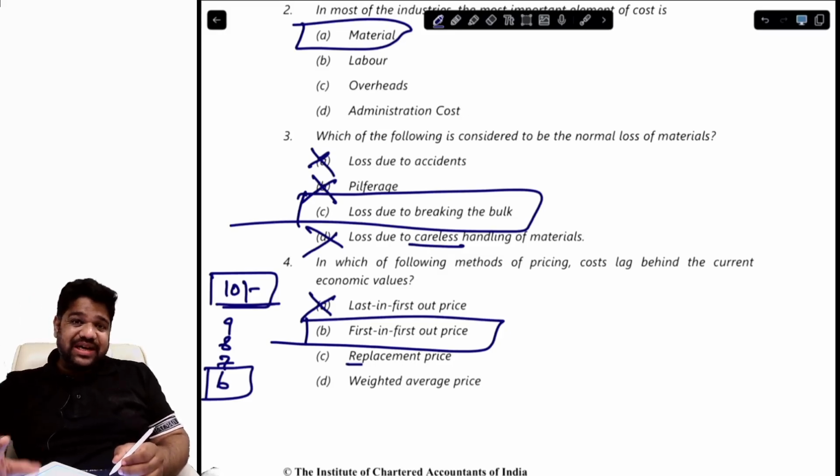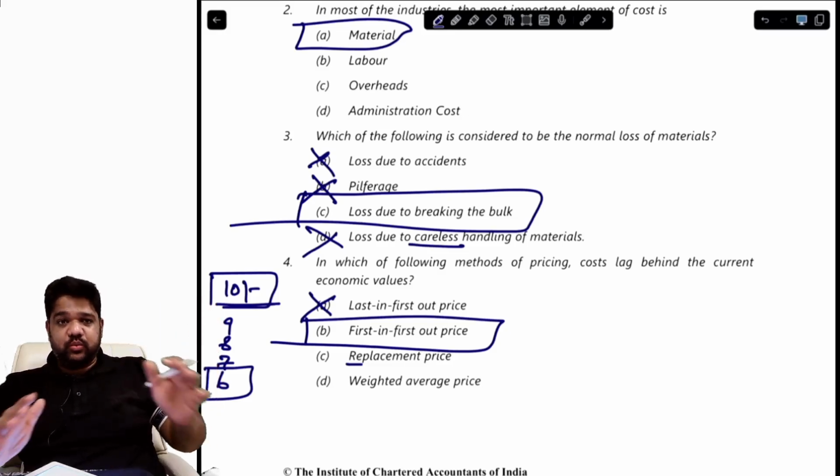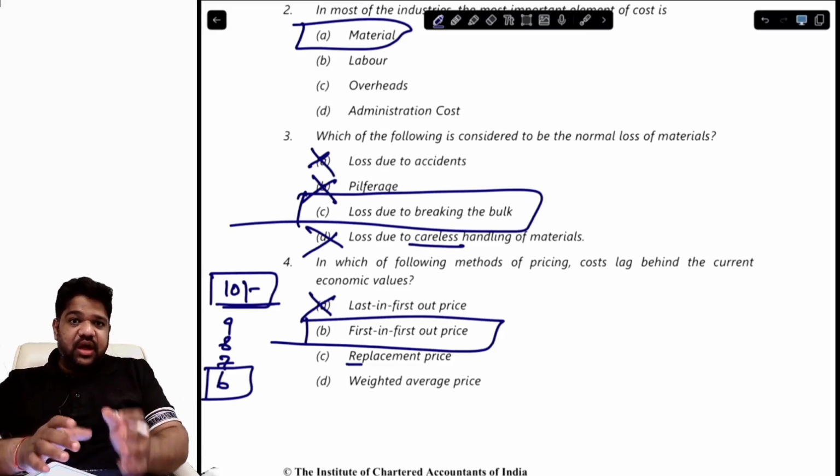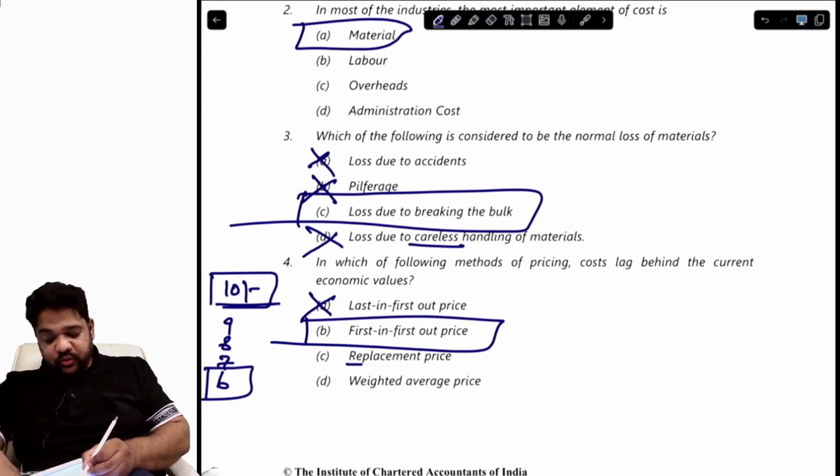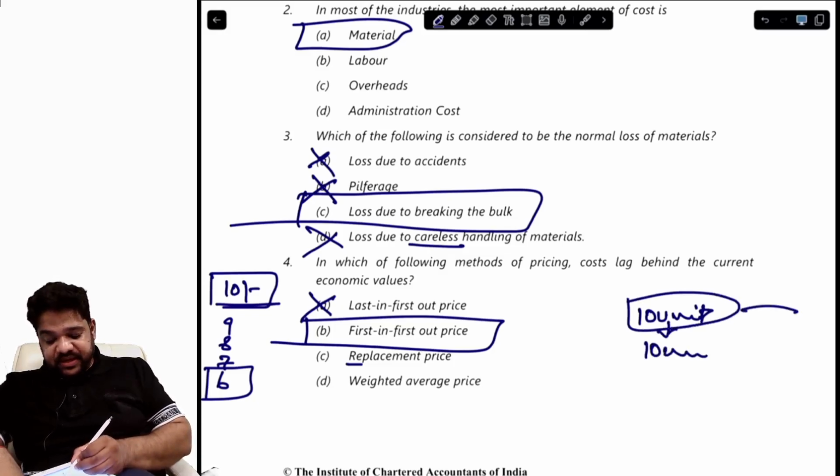Replacement price. Now, what exactly is replacement price? So, replacement price stands for if you had to buy a new set of material right now and replace it. So, let's say you have 10 units right now with you. You are going to consume these 10 units. So, you'll have to replace them.